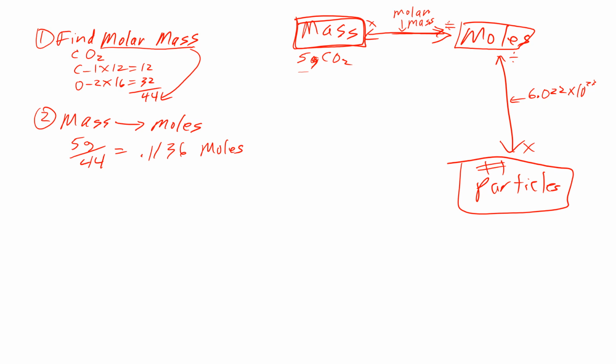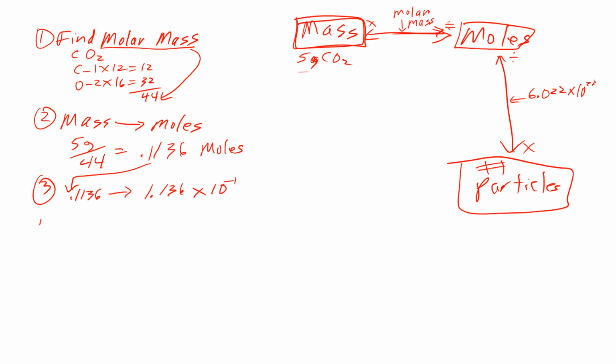For the third step, we want to change this into scientific notation. So 0.1136, change it into scientific notation form. I need one number in front of the decimal, 1.136 times 10 to the -1, because I had to move it 1 to the right. Okay?